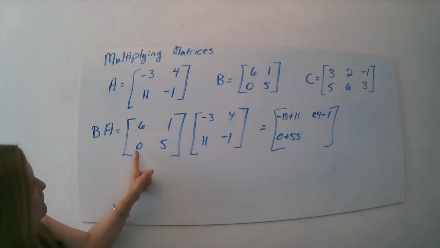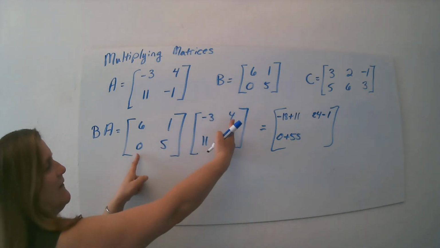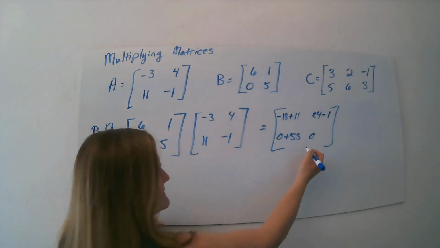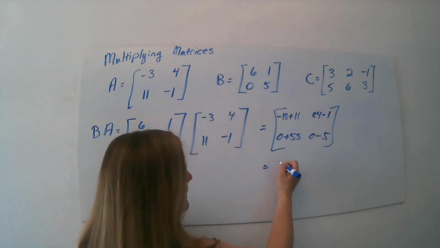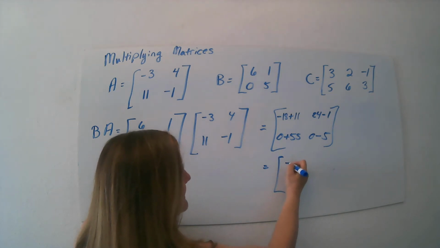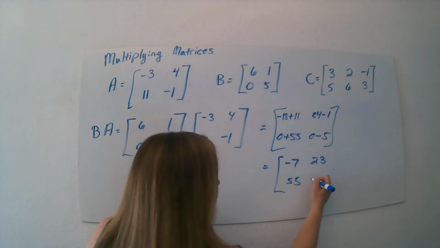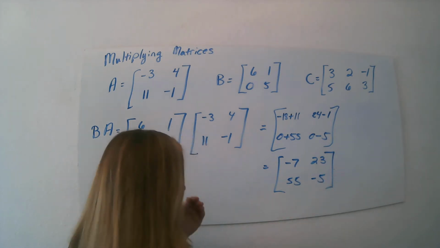And last we have row 2, column 2, 4 times 0 plus 5 times -1. And when we do the arithmetic, we get -7, 23, 55, and -5.